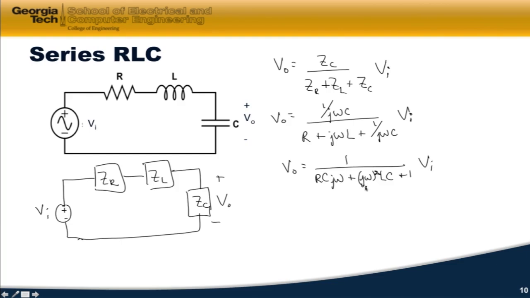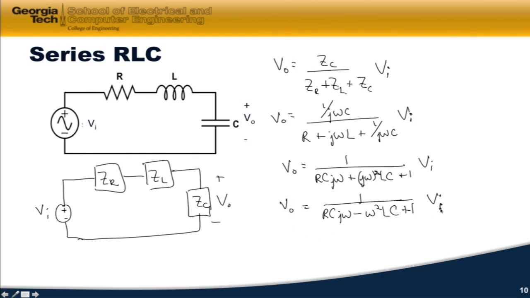And remember that J is the square root of minus 1, so J squared is minus 1. So that's 1 over RC J omega minus omega squared LC plus 1, all times VI, is equal to V out. If I know what V sub I is, then I can solve for V out.